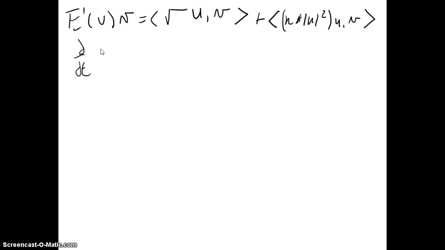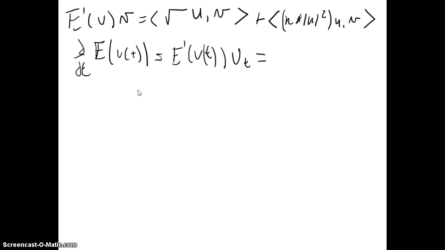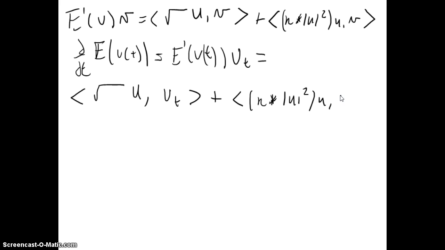And what we want to see is that the derivative of E of u(t) is equal to E prime u(t) u_t. Okay, and so now this will be equal to, well, we can put this is square root u, and now u_t, plus K convolution u squared u u_t.